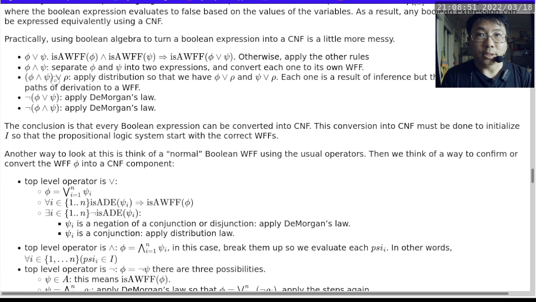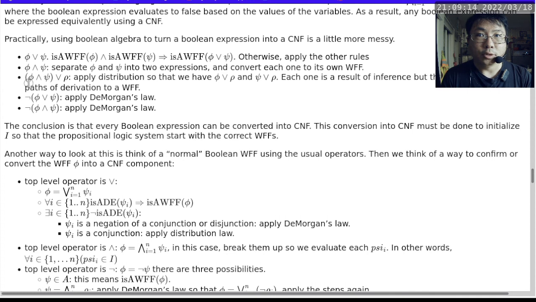There's no way around this one. You always have to apply distribution to turn something like this into something or something, and something or something, and then you recursively apply these rules, so that in this case, after the distribution, you're going to end up with phi or rho and psi or rho.